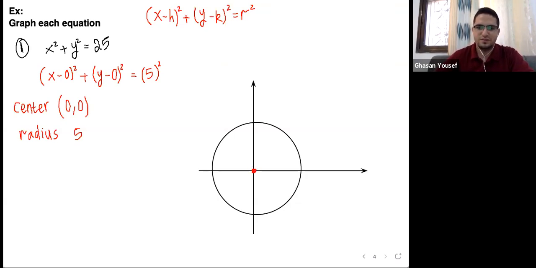This is (0, 0), and the radius is 5. Here is the radius, the blue one. Here, r equals 5.